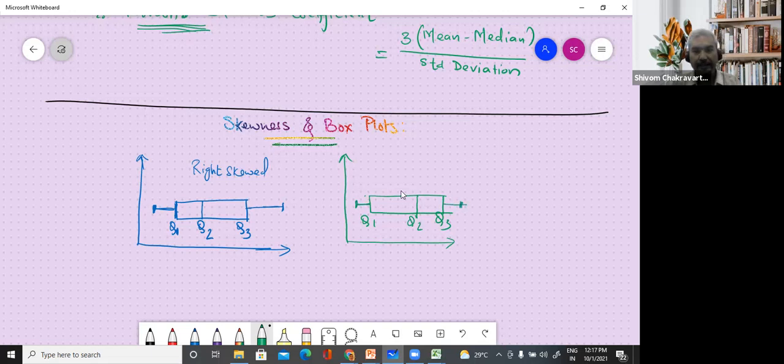This can also be the case, and then also it is left skewed. Or it could be that the left whisker is much longer than the right whisker. The length of only the whisker can also determine it.